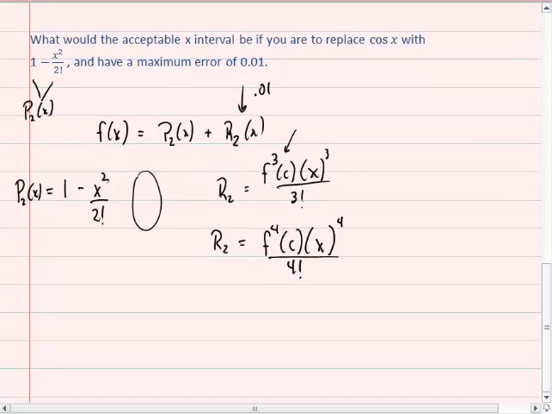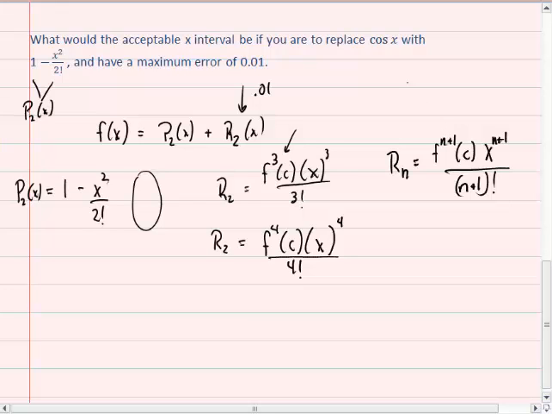That's a little bit of a movement away from what we saw. Rn before was the n plus 1 derivative at some arbitrary value times x to the n plus 1 all over n plus 1 factorial. But remember, this is if that next derivative exists.